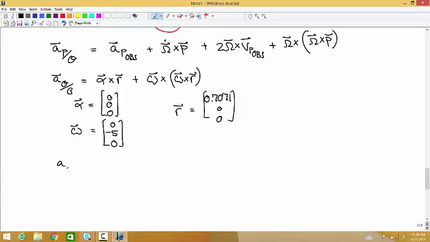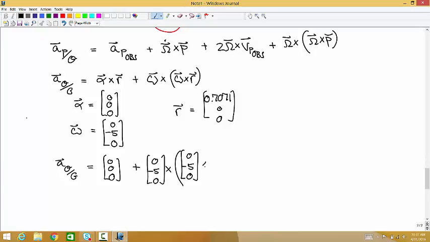Okay, so the acceleration of the origin relative to the ground is equal to 0, 0, 0, plus 0, negative 5, 0, crossed with the quantity 0, negative 5, 0, crossed with r, 0.7071, 0, 0.